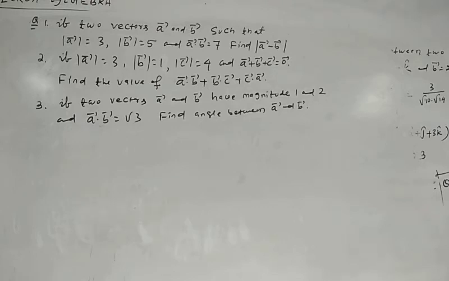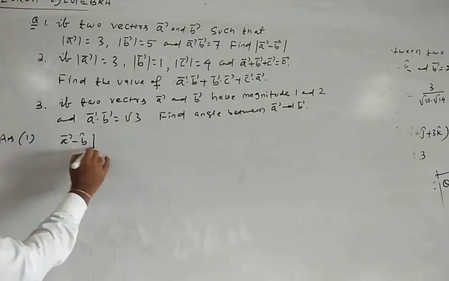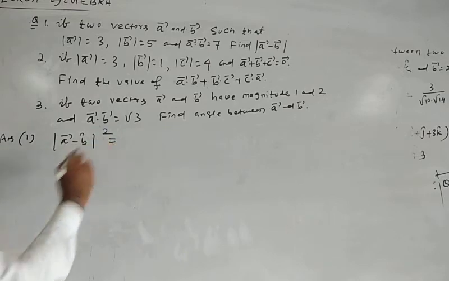So first, we take a vector minus b vector magnitude square.